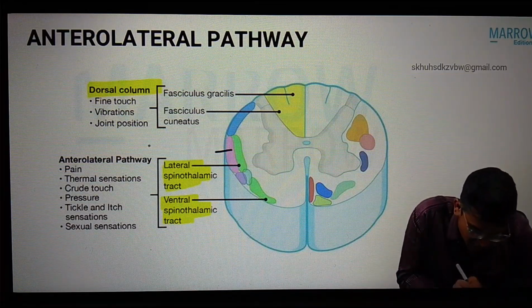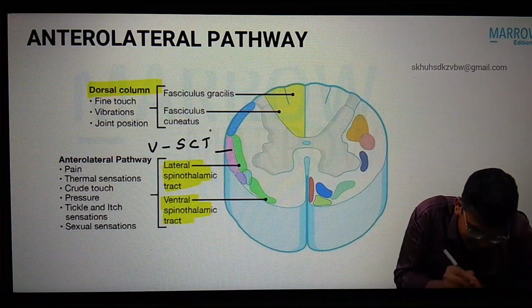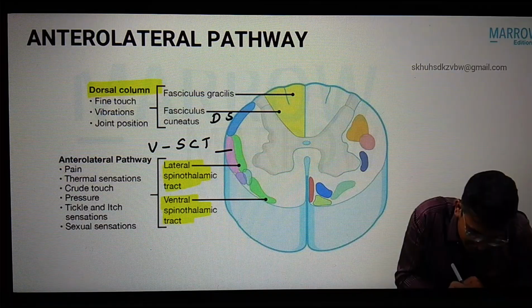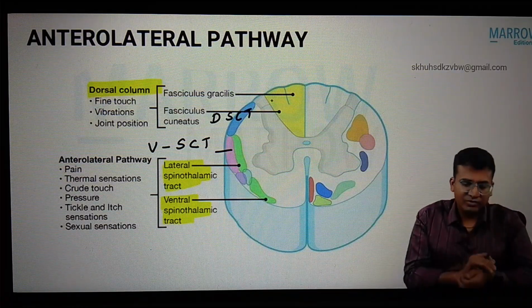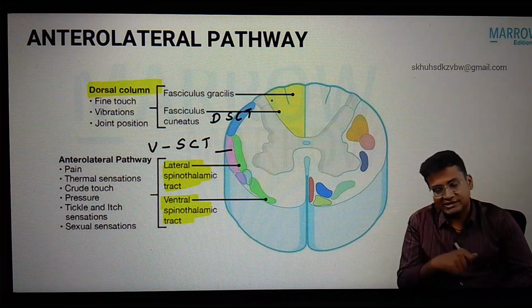This is ventral spinocerebellar tract, and this is dorsal spinocerebellar tract. Now first you have to know the functions of these tracts.